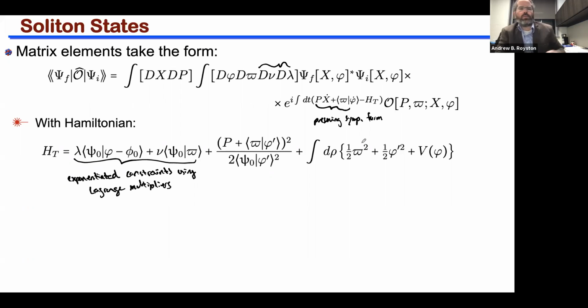The remaining terms in this Hamiltonian are the original Hamiltonian, just expressed in terms of the new variables. And in particular, we do have these spatially non-local terms right here, just coming from that momentum transformation.